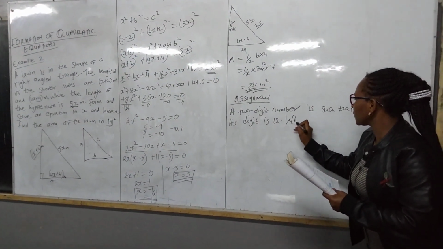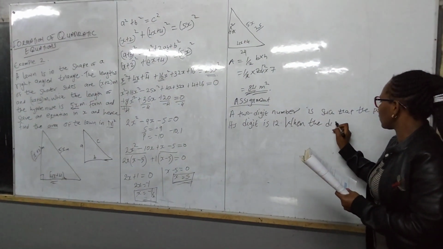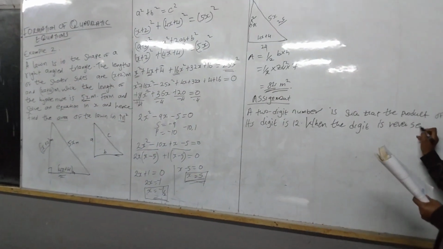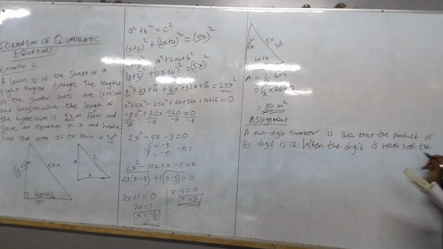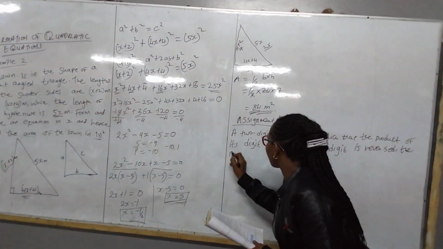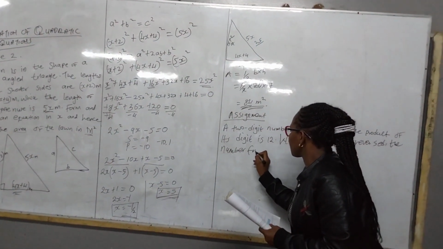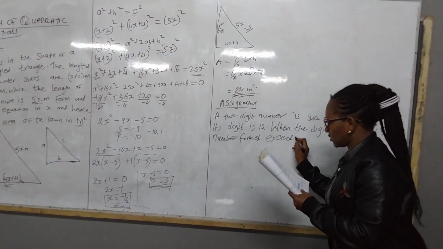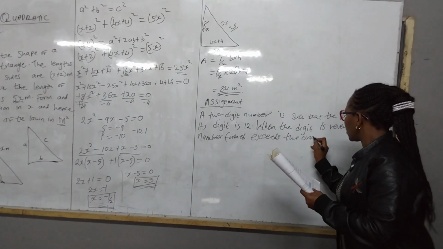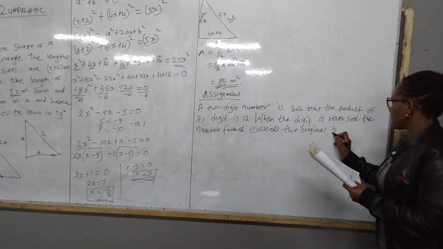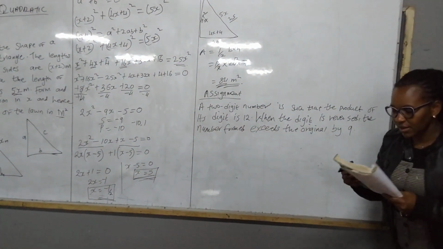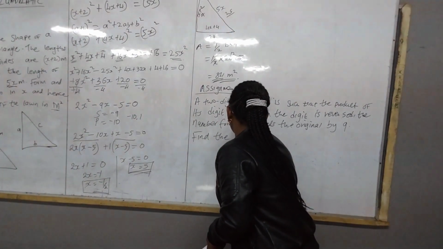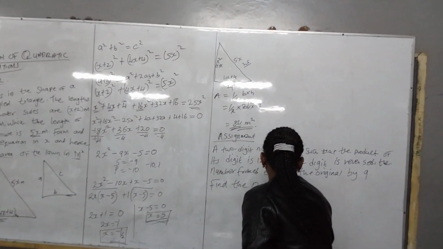When the digits are reversed, the number formed exceeds the original by 9. Find the original number.